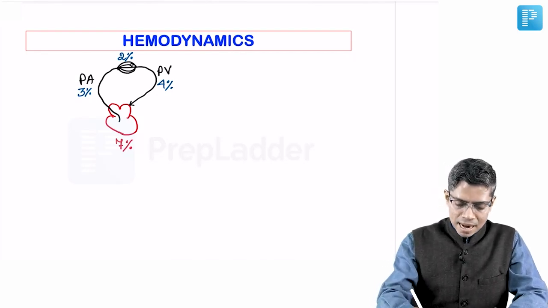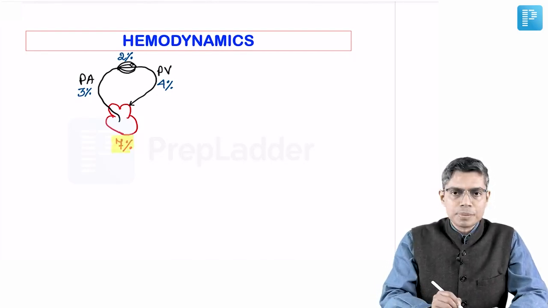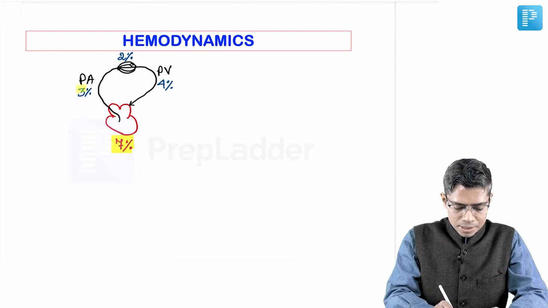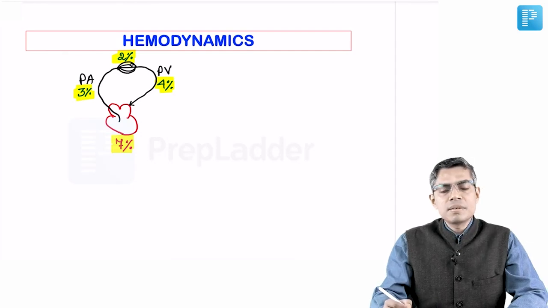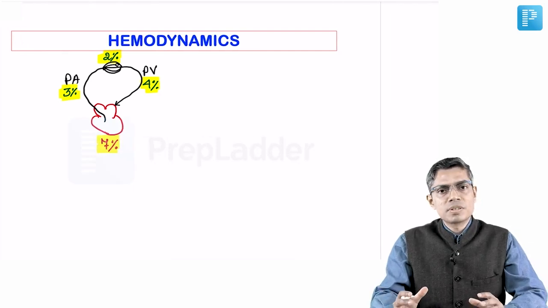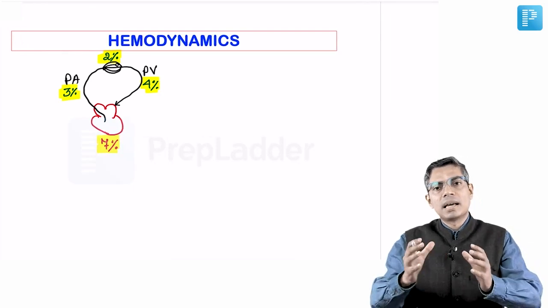That means if I add up all this volume, 7% plus 3% plus 2% plus 4%, that is 16% of the blood volume present within the lung and heart.